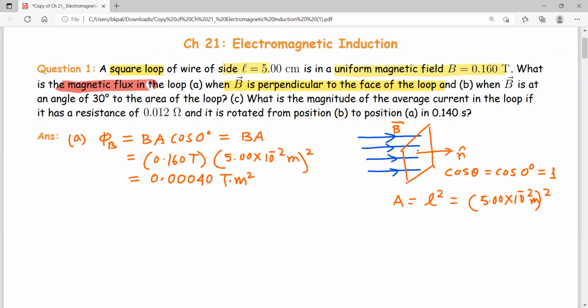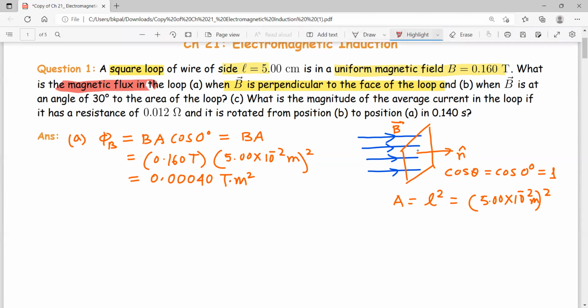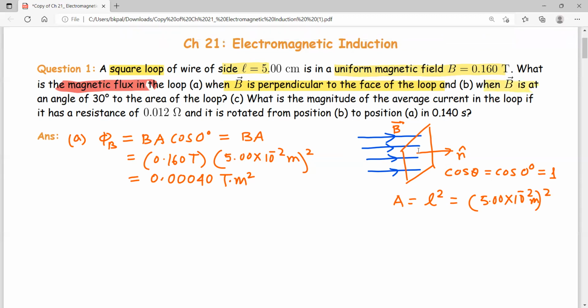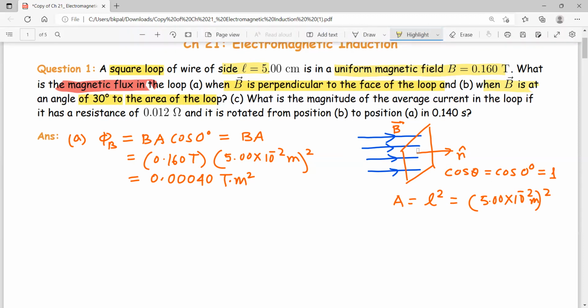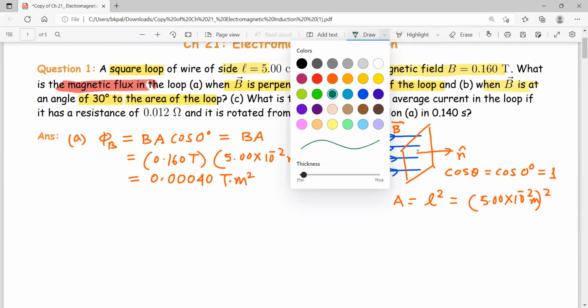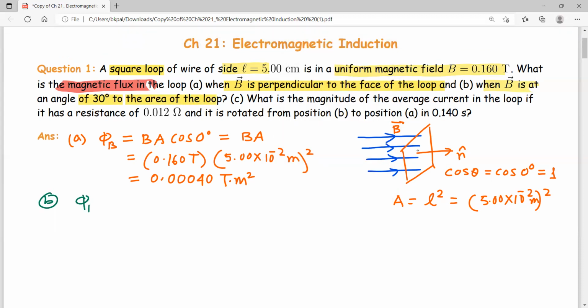Now the next one: again we calculate the magnetic flux, but when B is at an angle of 30 degree to the area of the loop. So here theta is 30 degree. It's similar to the last one, but with cosine 30 degree.